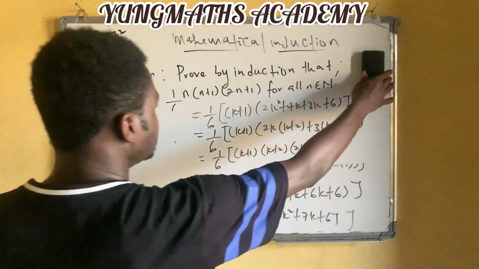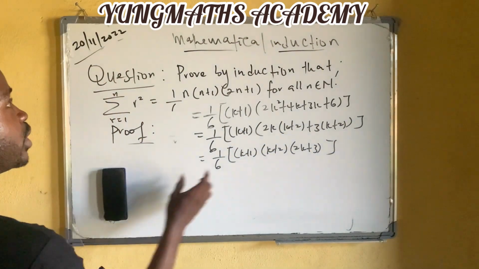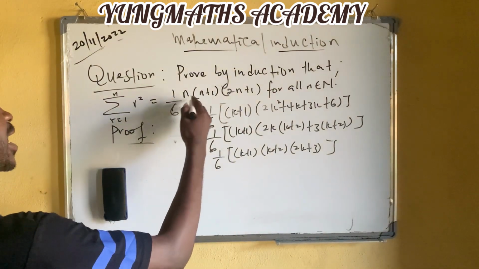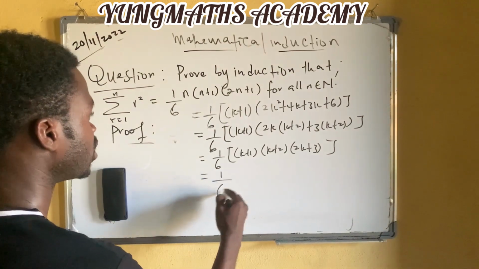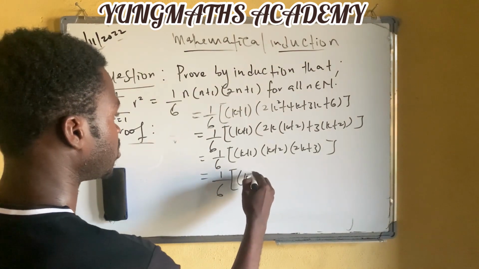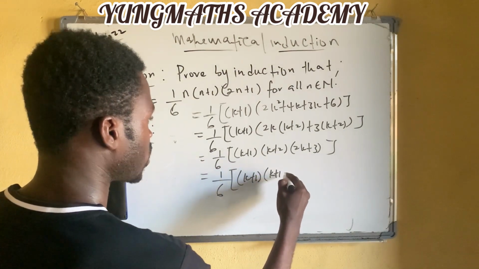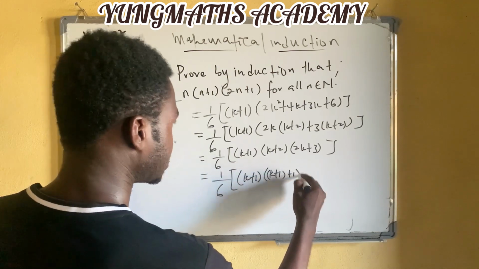With this now, we are to express that in the form of 1 over 6, n, n plus 1, 2n plus 1. That will make me write this as 1 over 6 into k plus 1. I can write k plus 2 as k plus 1, open a bracket and close it here, plus 1.